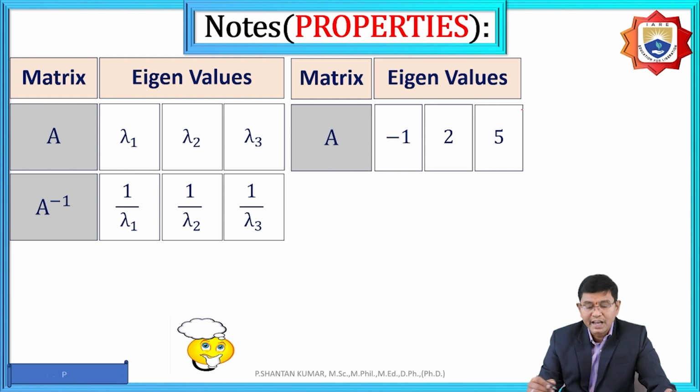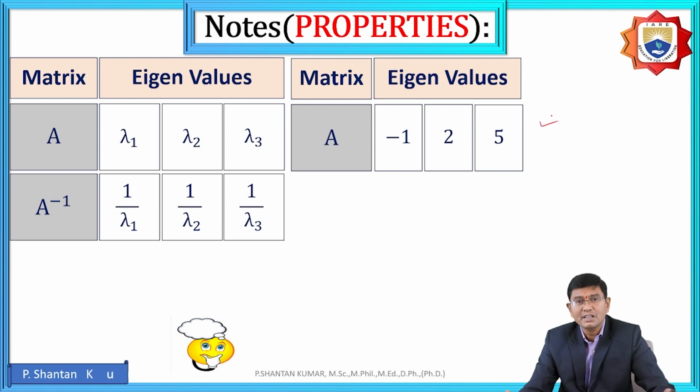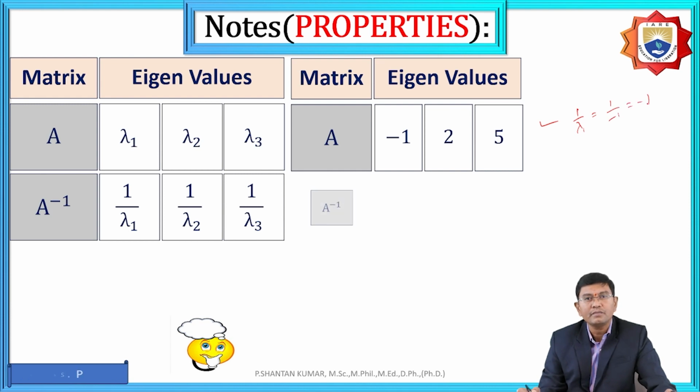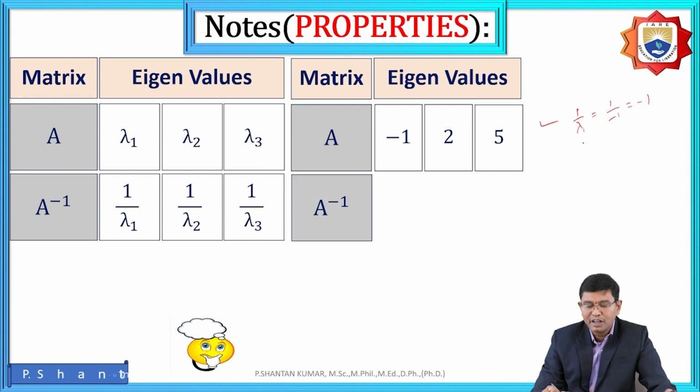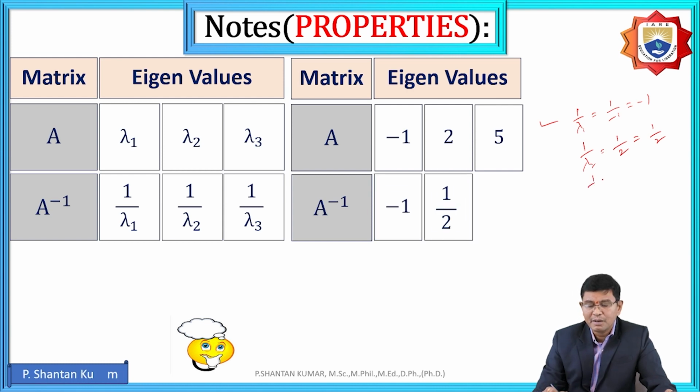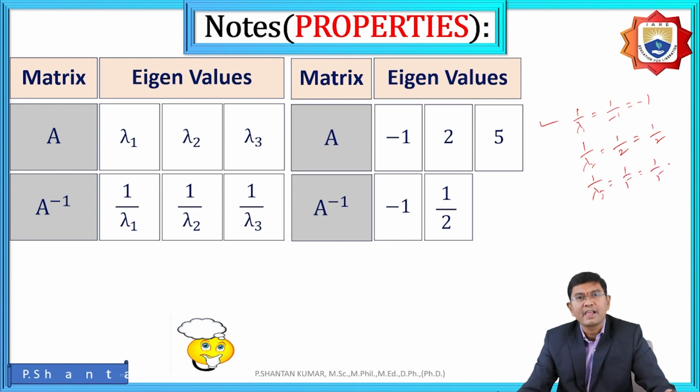Here, the eigenvalues are already given as minus 1, 2, 5, so the eigenvalues of the inverse are: 1 by lambda 1, which is 1 by minus 1, equal to minus 1; similarly 1 by lambda 2 is 1 by 2; and 1 by lambda 3 is 1 by 5. These are the eigenvalues of the inverse.